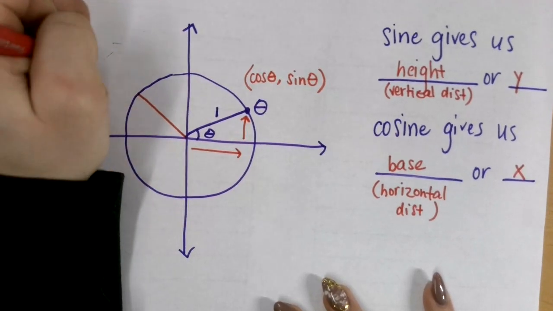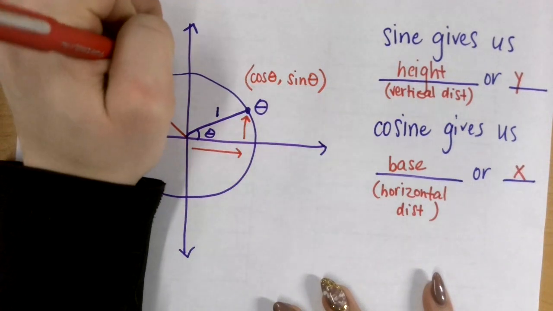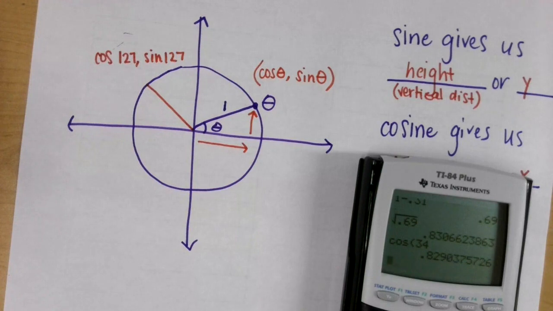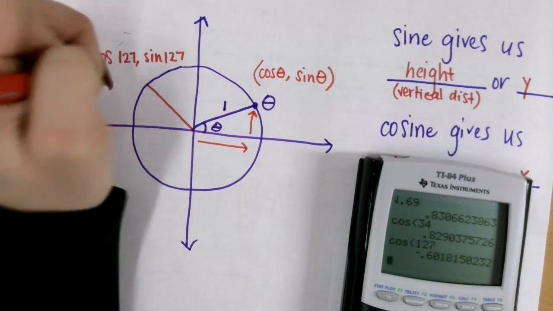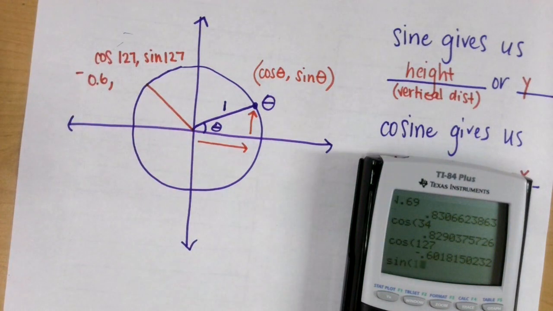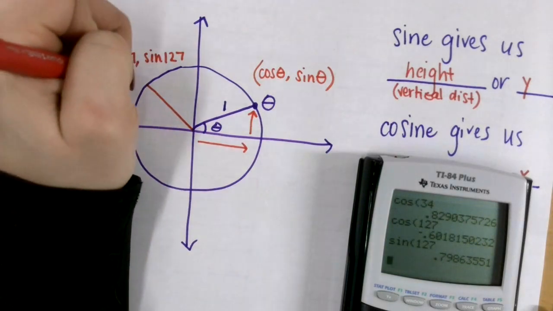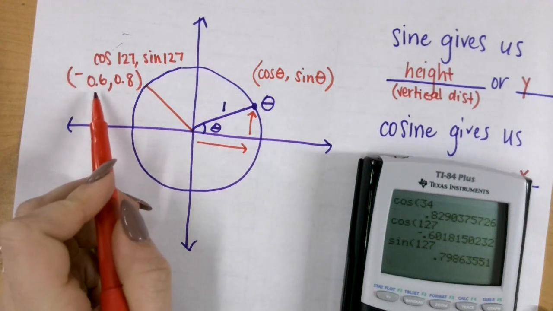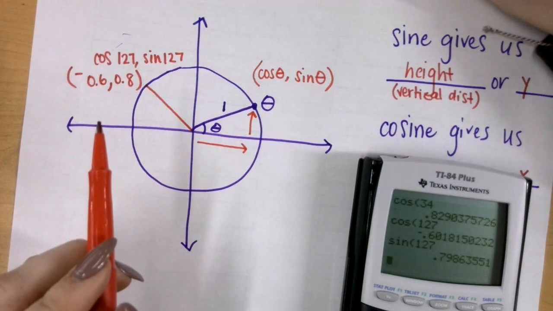And I could do cosine of 127, sine of 127. And then I can put that in my calculator. And I get negative 0.6, comma 0.8, and that would be my ordered pair, which makes sense because I'm going to the left, which would give me a negative x, and up, which gives me a positive y.